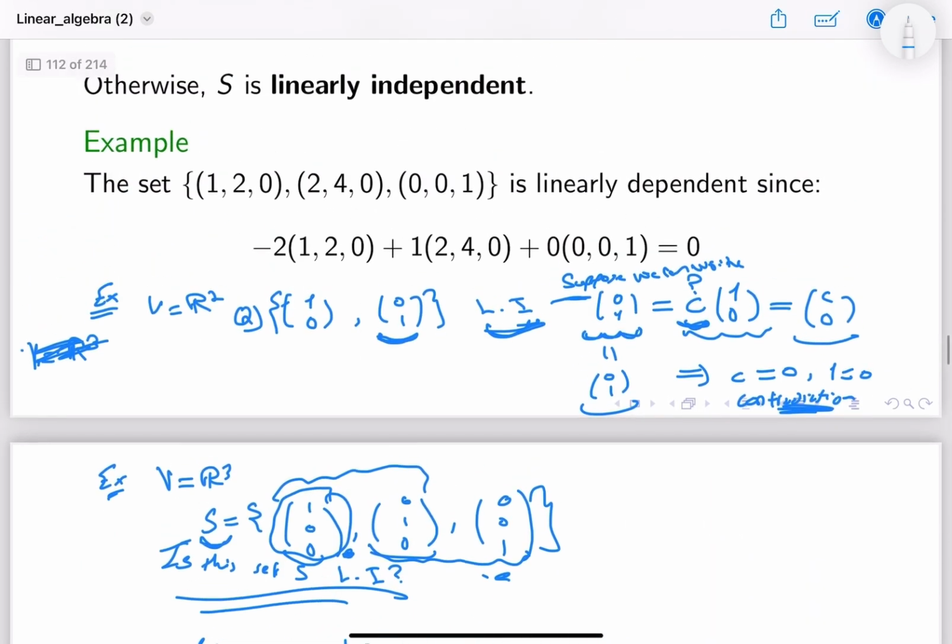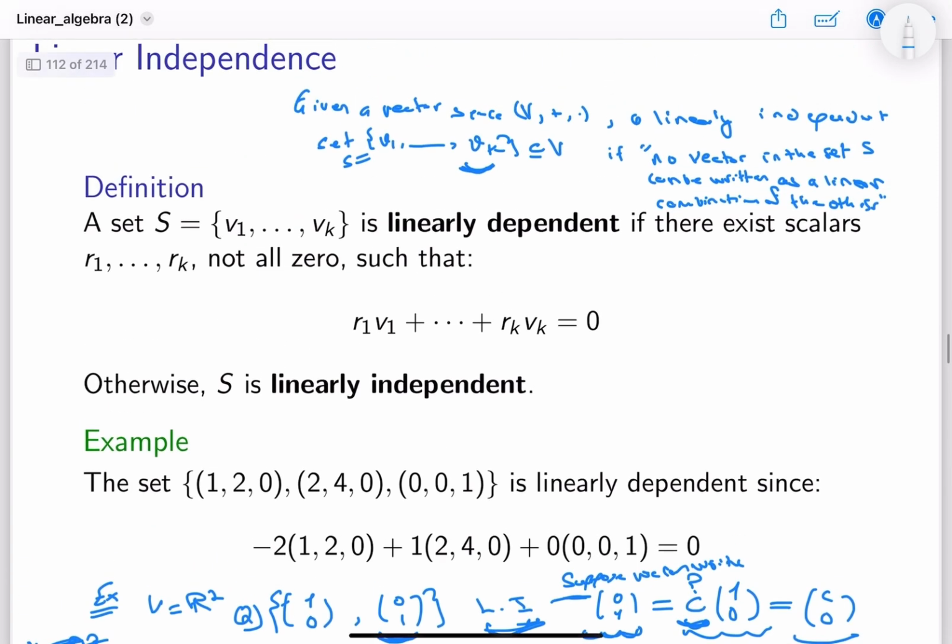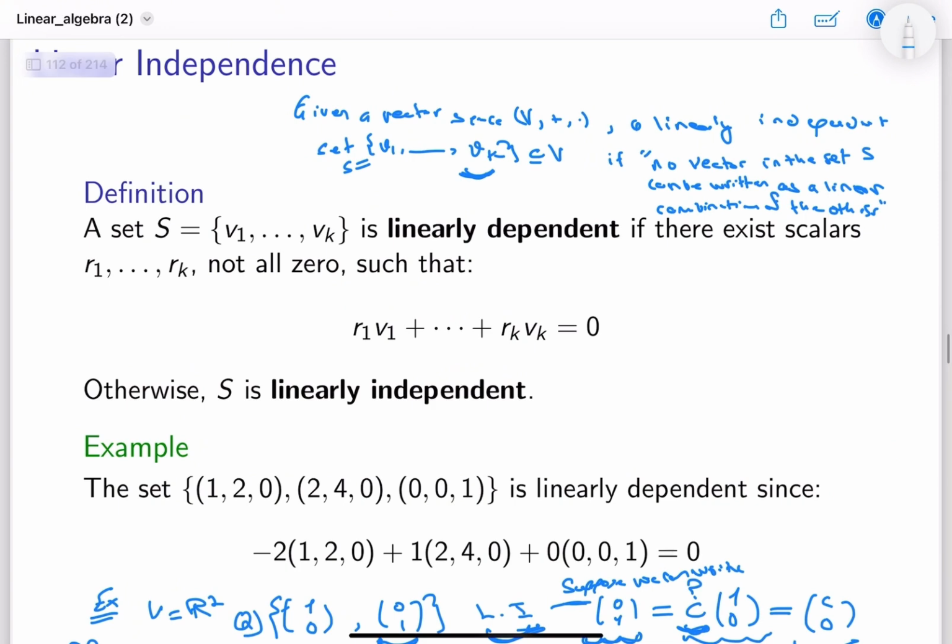In that case, I'm going to go ahead and give you the definition that we're going to use in this course for linear independence. So given a vector space V with addition and scalar multiplication, a set S containing vectors coming from V, V1 through Vk, is said to be linearly dependent.